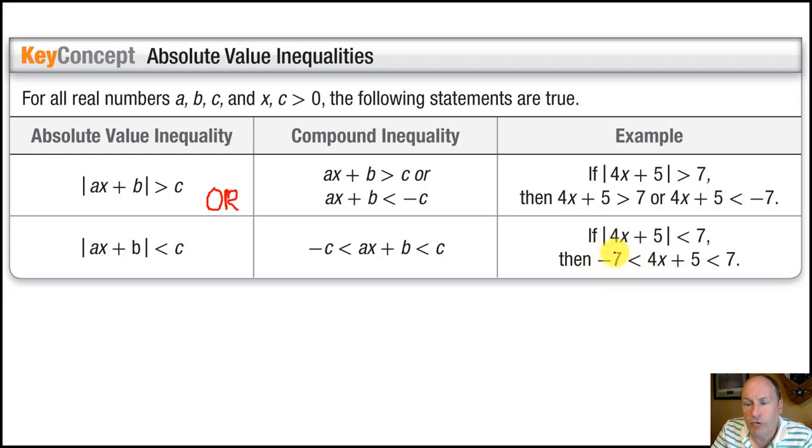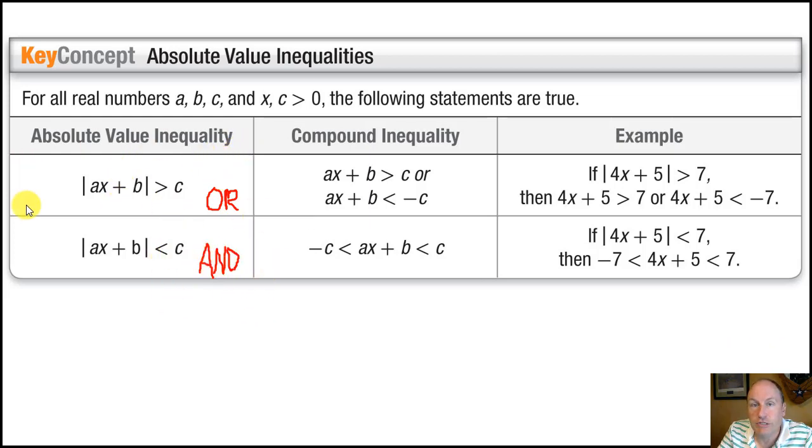In other words, it's both greater than negative 7, to the right of negative 7, and to the left of 7, less than 7. We treat this as an AND compound inequality. So absolute value inequalities are treated as compound inequalities because they have multiple parts, and we have to deal with those parts either as an OR situation if the distance is greater than a certain number, and then it's an AND situation if the distance is less than.